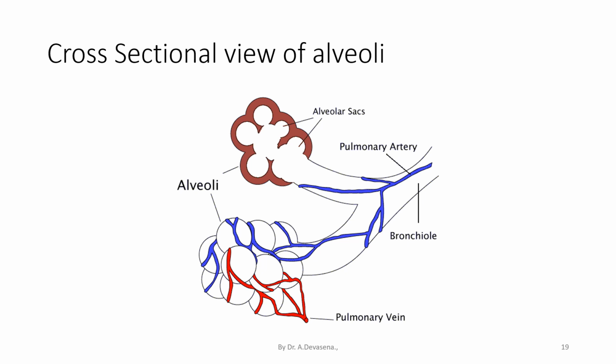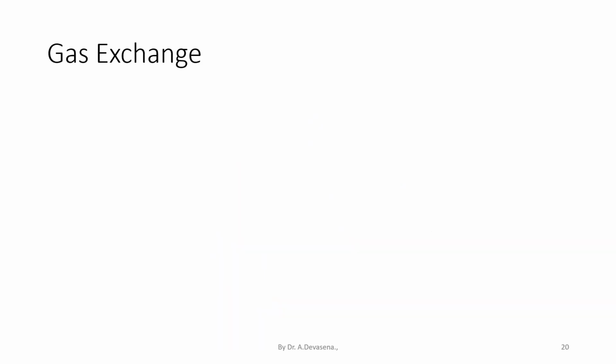The oxygen-rich blood is carried by the pulmonary vein, and it supplies the pure blood to the heart. Let's see a small animation of gas exchange.